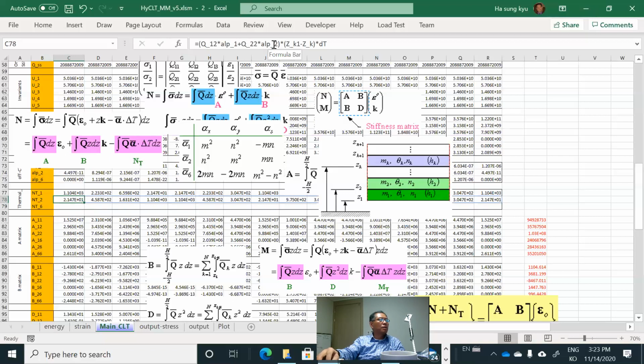And 6. Oops, another mistake. We have a 1, 6 as well, and alpha 6 as well.